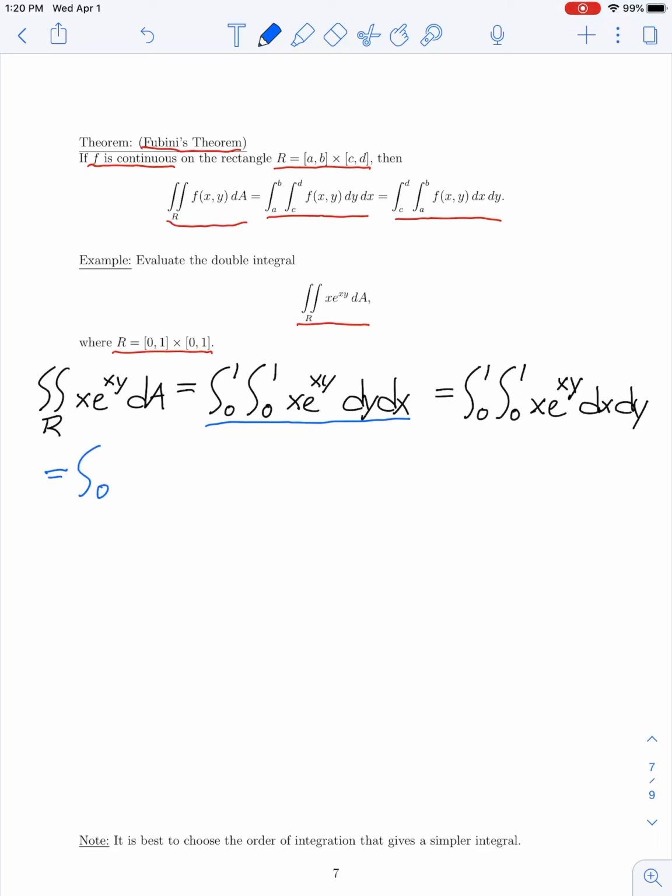So if we look at this first iterated integral, let's see how we could evaluate it.